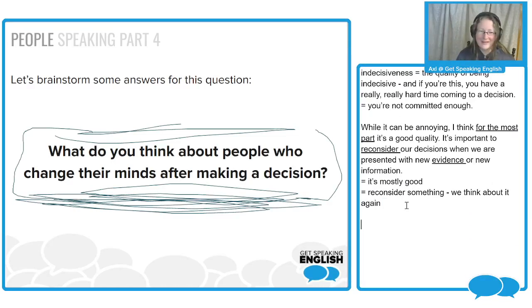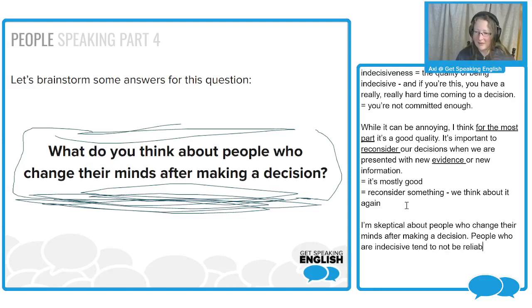Yeah, so indecisive people probably are not very reliable. So maybe I'm doubtful or skeptical about people who change their minds after making a decision. People who are indecisive tend to not be reliable.